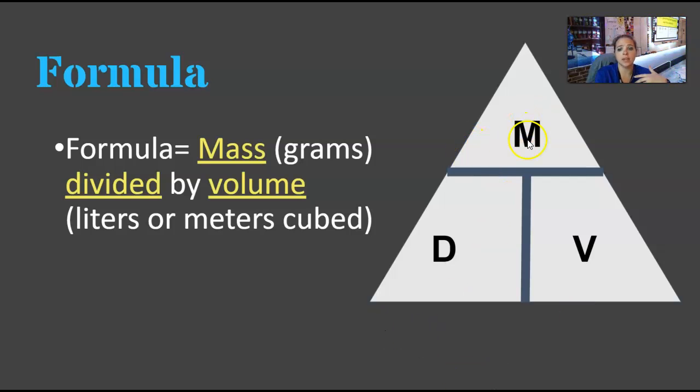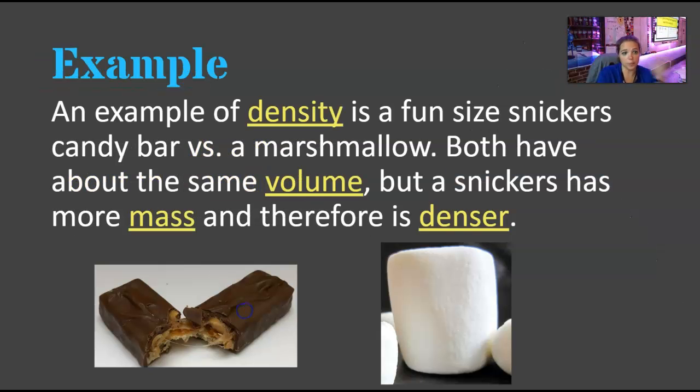So say I need density, I cross this out and I look mass over volume. Now say I need volume, it's mass over density. Say I need mass, it's density times volume. So this is a really great trick, little mnemonic device to help you measure and calculate density.